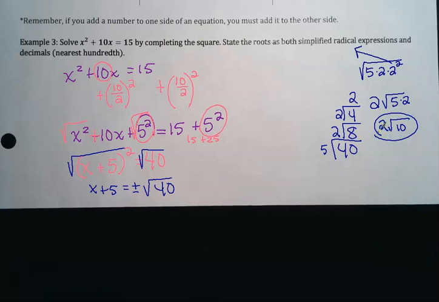All right, so that's going to be helpful. I got to get x by itself. I didn't have to do the square root of 40 thing yet, but I went ahead. So we're going to subtract 5 from both sides. So x is going to be equal to negative 5 plus or minus 2 times the square root of 10.